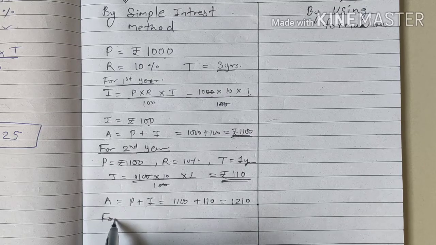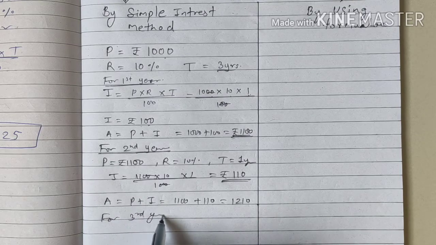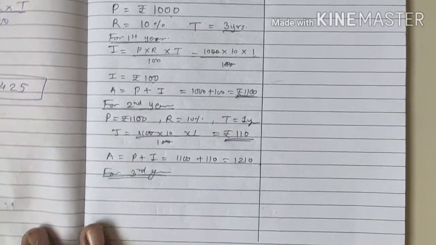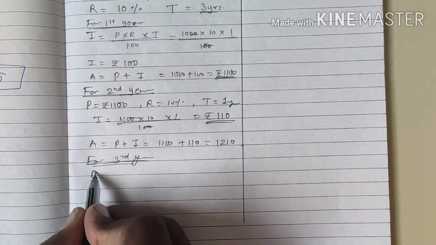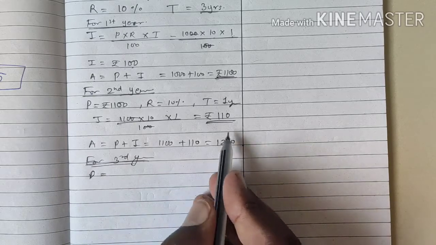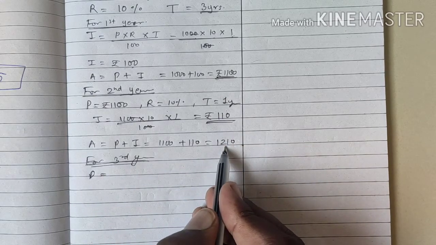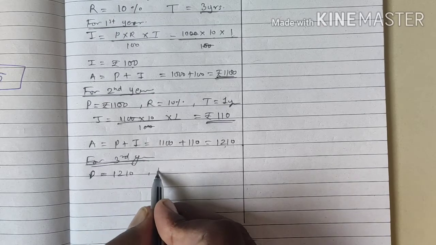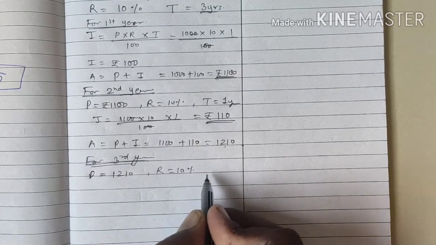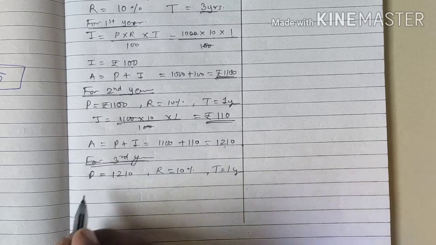Now finally we will solve for the third year interest. The amount of the second year will become the principal. The rate of interest is the same and the time is 1 year.